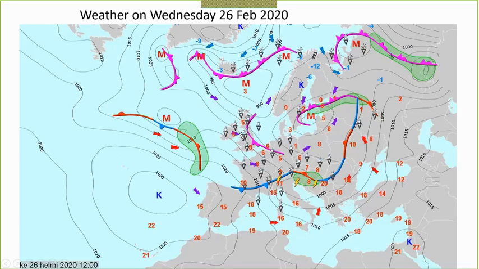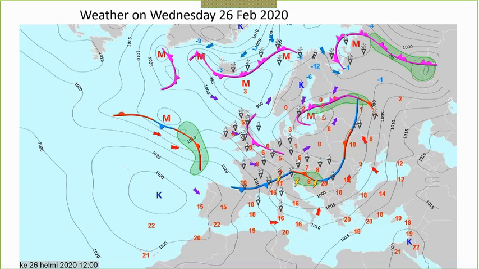Good. So then I have a weather analysis from yesterday where we can see really quickly the analyzed fronts. It's quite an interesting situation for us here in Scandinavia and in Finland, because it's been really gray and windy.